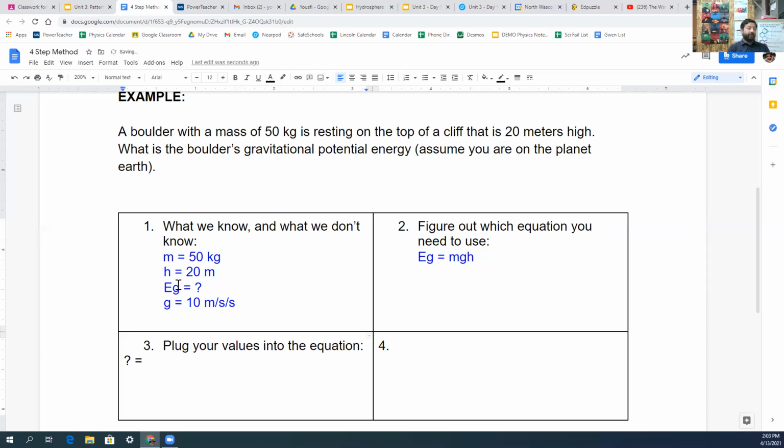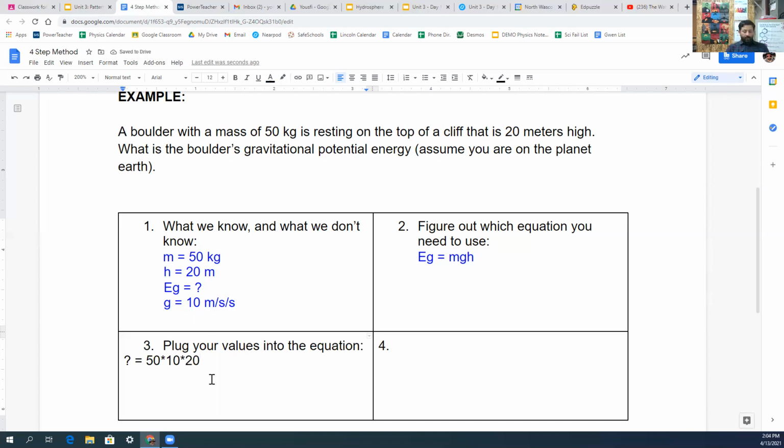So question mark is equal to this m, which we said was 50, times this gravity, which we said was 10 over here. And then this h is left. So we have our mass, which was 50, our gravity, which is 10, and our height, which we know is going to be 20.